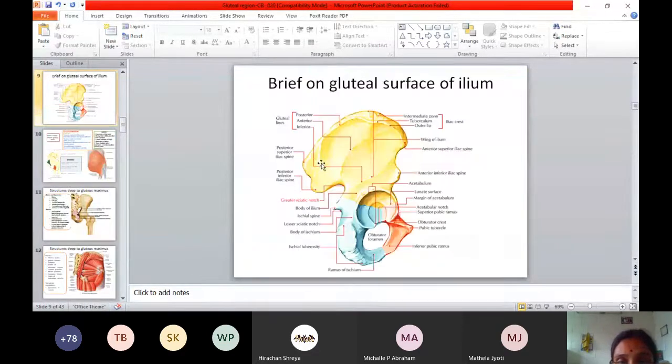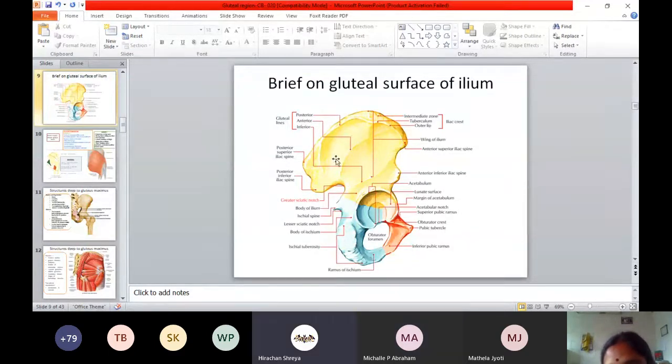Which line is this? Posterior gluteal line. Which line is this? Anterior gluteal line. And this is the inferior gluteal line. The area behind the posterior gluteal line gives attachment to which muscle? The big muscle. What is that? Gluteus maximus. Very good. The area between the posterior and anterior gluteal lines gives origin to which muscle?